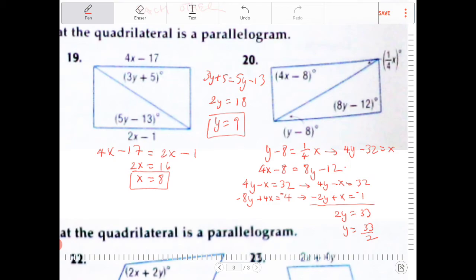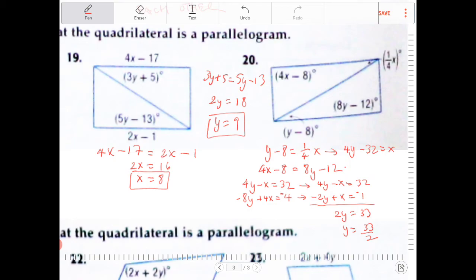y minus 8 is equal to 1/4 x. 4y... negative 8y plus 4x is equal to negative 4.